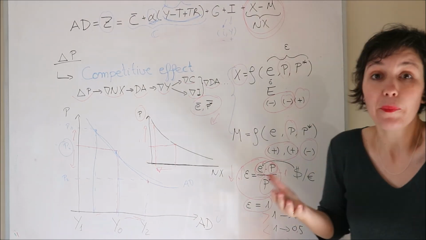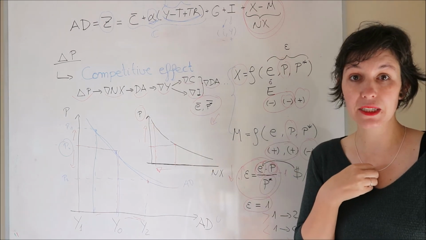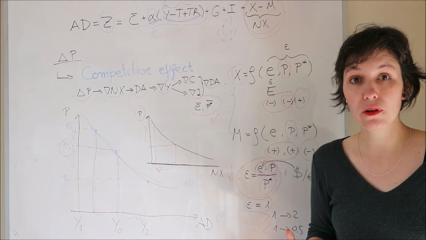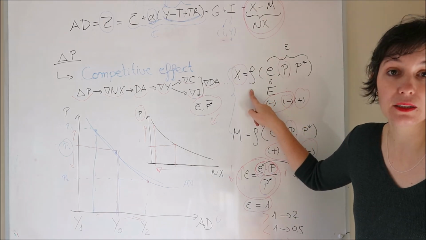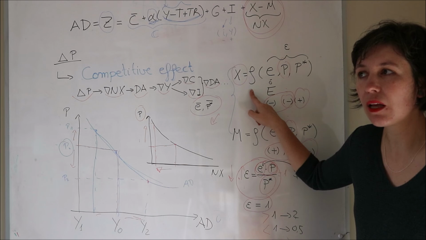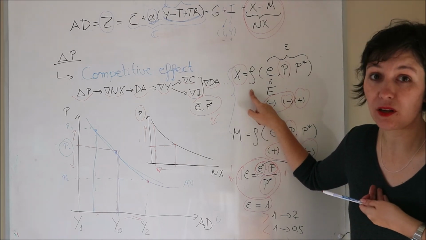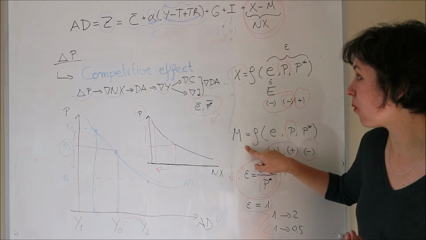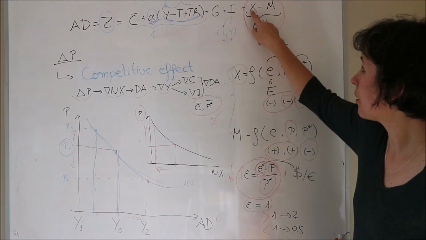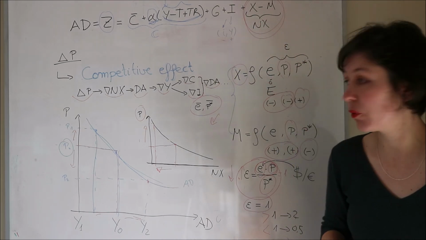And it makes sense. An increase in prices means that now I'm more expensive than before, so I'm going to export less. But in a relative way, the foreign prices look cheaper because my prices are really high, so I'm going to buy more. So less exports but higher imports, and for sure net exports are going to decrease.